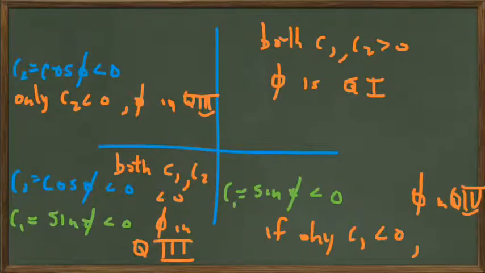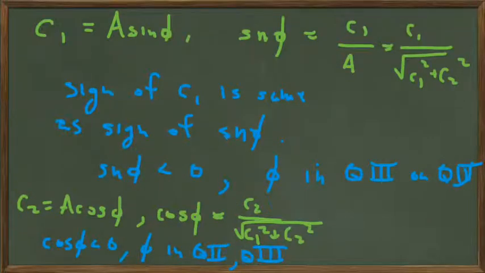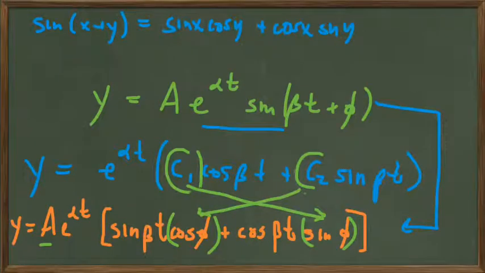We have to follow these directives in finding where phi resides, because that's the only way to sync up these two formulas and make C1 and C2 have the right signs when they correspond to their new meaning in this formula.